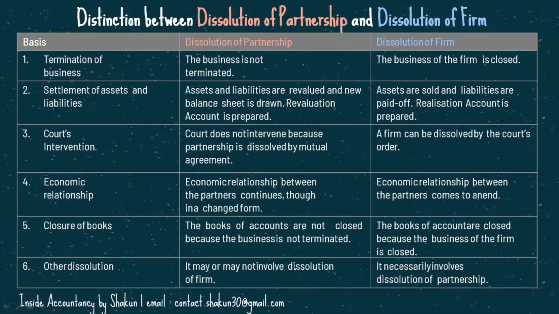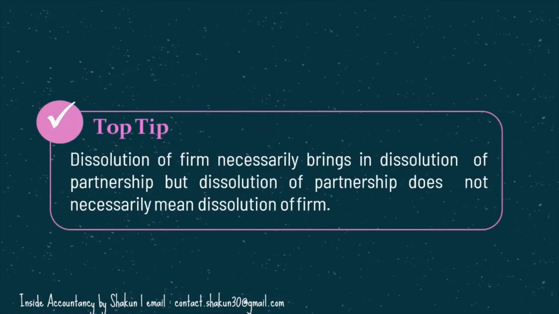So dissolution of partnership does not necessarily involve dissolution of firm, but dissolution of firm definitely involves the dissolution of partnership. So this was about the difference between the dissolution of partnership and the dissolution of partnership firm. A tip for you: the dissolution of firm necessarily brings in dissolution of partnership, but dissolution of partnership does not necessarily mean dissolution of firm. It can come in a 1-mark question also.